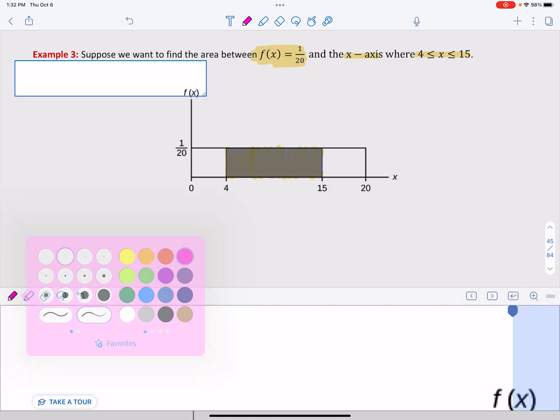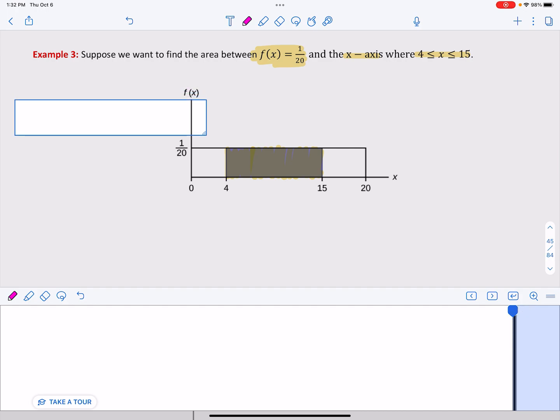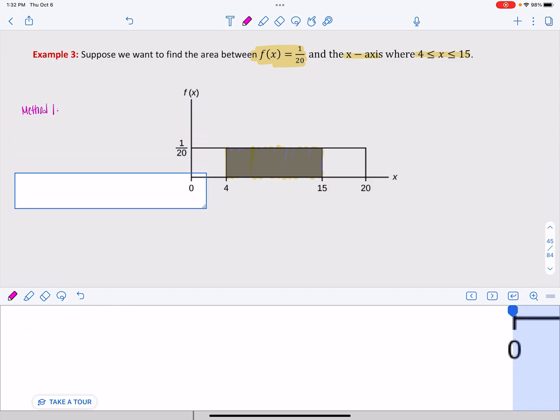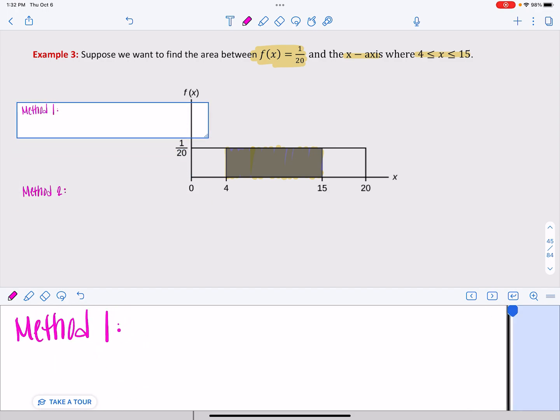One more time, I'm going to give you both methods. We'll do method 1. And method 2.